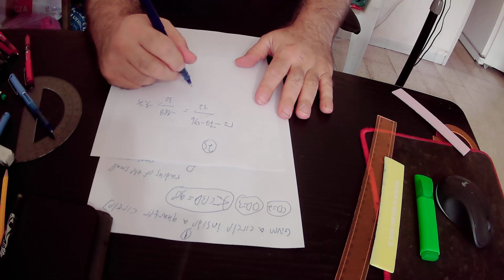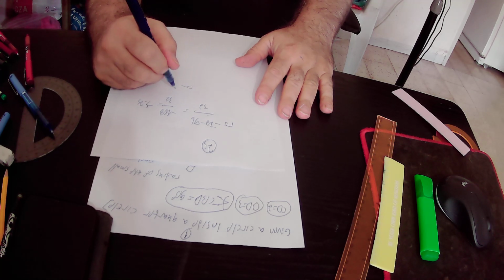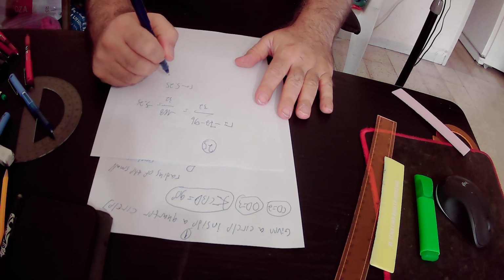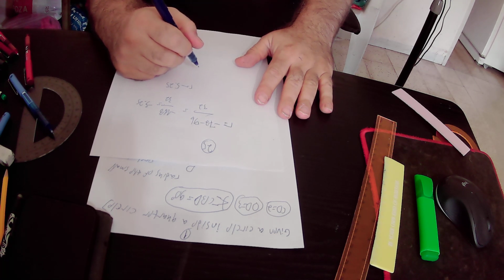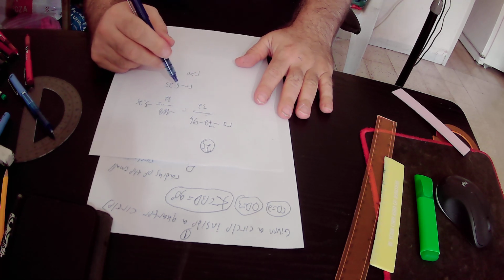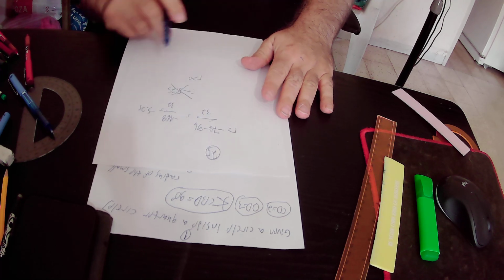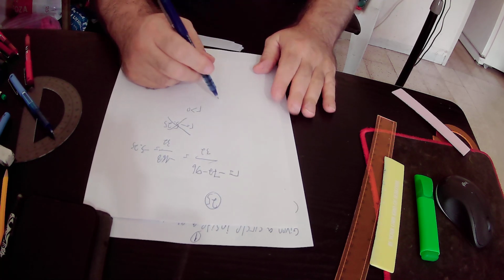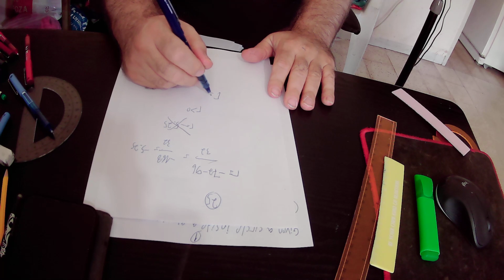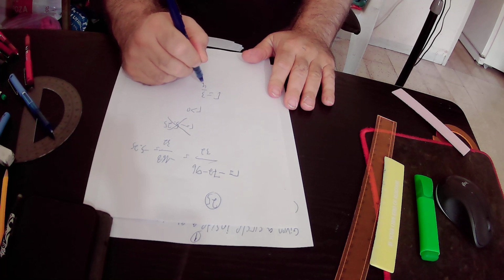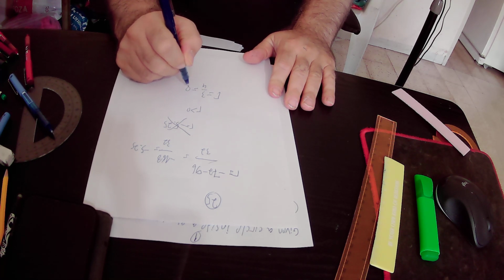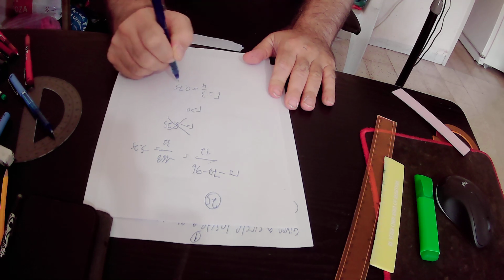So r equals minus 5.25, but the radius must be a positive number. Therefore, this possibility is incorrect. So the only answer that is left is that the radius of the small circle equals 3/4 units, or 0.75 units.